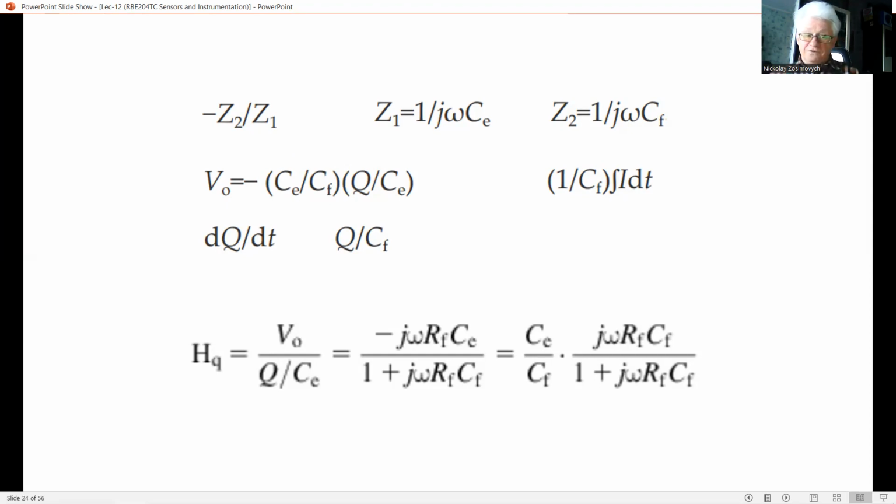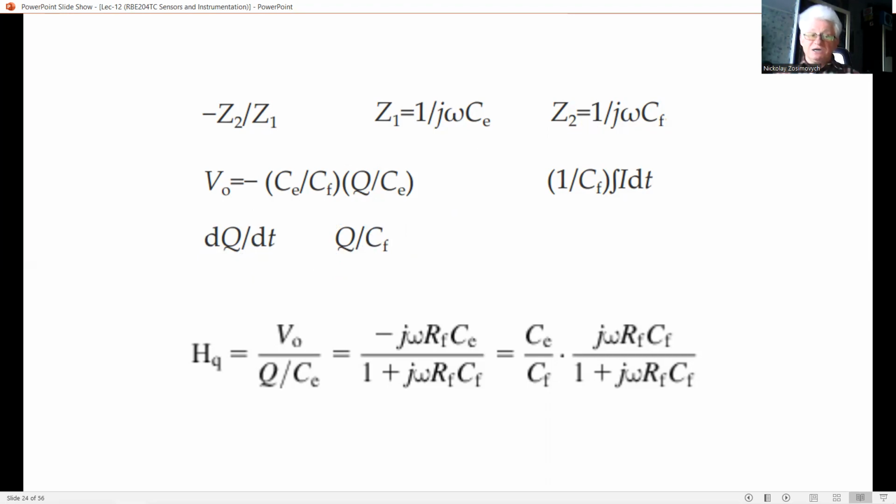The input current flows through CF, resulting in a voltage equal to 1 over CF times the integral of the current, that is, the time derivative dQ over dt of the piezoelectrically induced charge Q. Hence, the voltage across CF is just Q over CF, explaining the name charge amplifier.